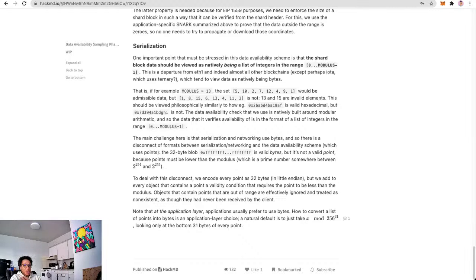A natural default is to just take x mod 256 to the power of 31, only looking at the bottom 31 bytes of every point. So that's the end of the article.